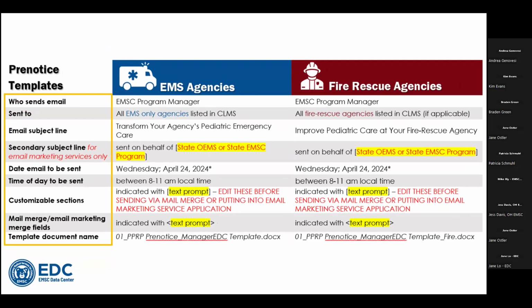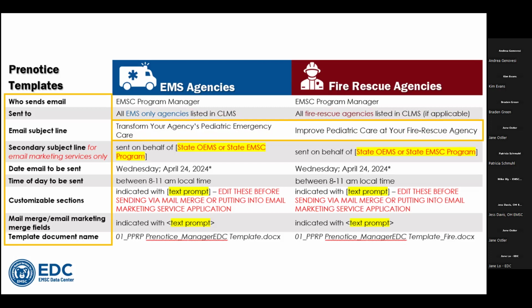So you can see in the first row under the headings that EMSC program managers will be sending out the pre-notice template for both EMS and fire rescue agencies. In the next row, you can see that for EMS agencies, you will only send the EMS pre-notice template to them and the fire rescue template to just fire rescue agencies.